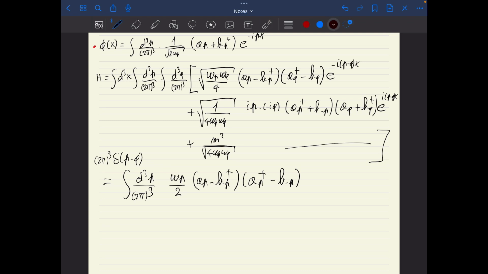It's the on-shell energy of the field. So we actually have here a factor ω_p squared over 2ω_p. So this is actually the same factor as this one here. And then the operator, so (a†_p + b_{−p}) and (a_p + b_{−p}).